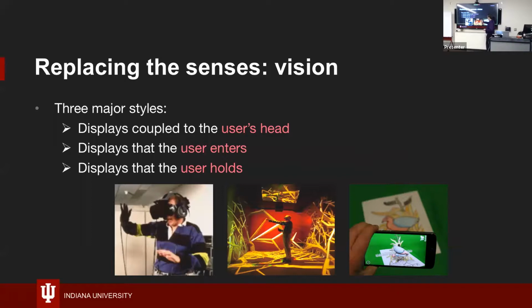But on bigger systems, which we have some of on our campuses and a lot of companies have, you actually walk into the virtual reality display and the world is presented around you. It still falls into the definition of VR because the head tracking changes how the graphics are rendered. And then finally, we have displays that the user can hold, such as this augmented reality phone style application. So that's our VR refresher.